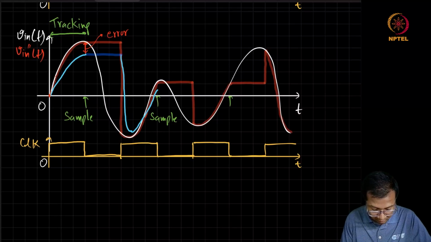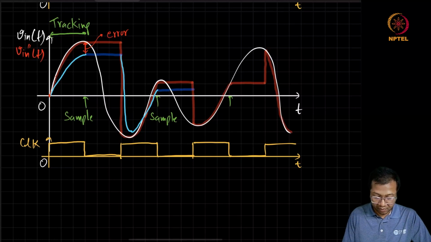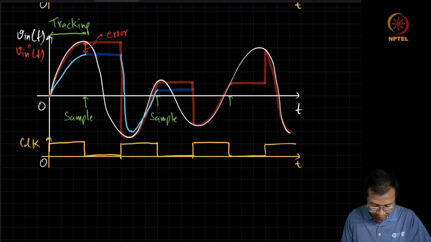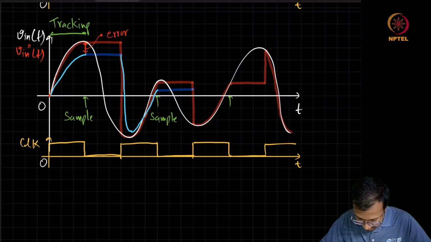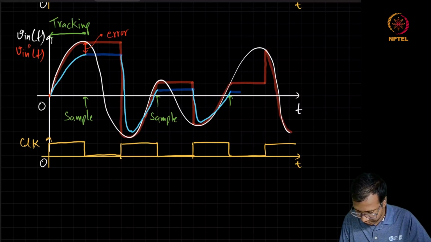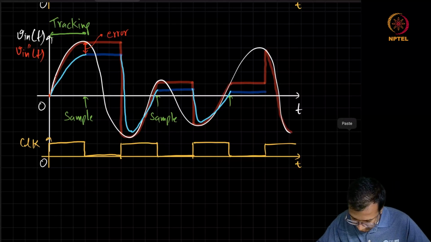And it may happen that again at the sampling instant, we will be capturing a signal which is not the same as the input signal which we have applied. And this process is going to repeat. Again, there will be difficulty in tracking the input.